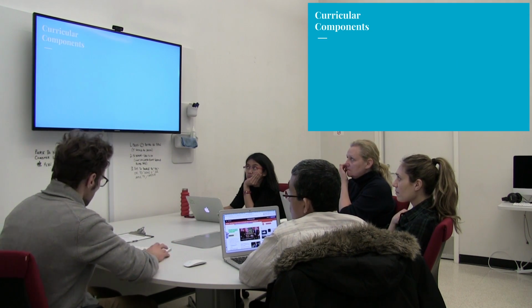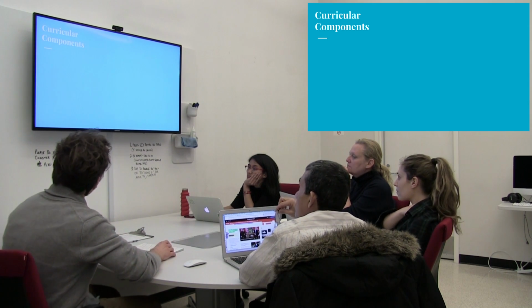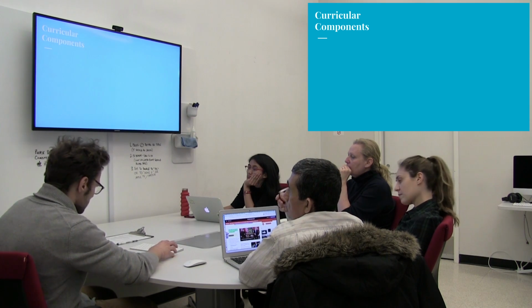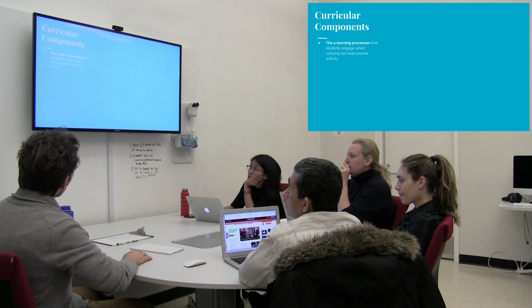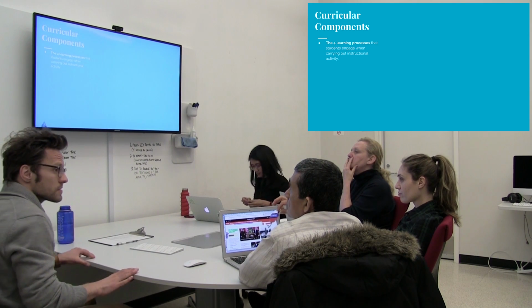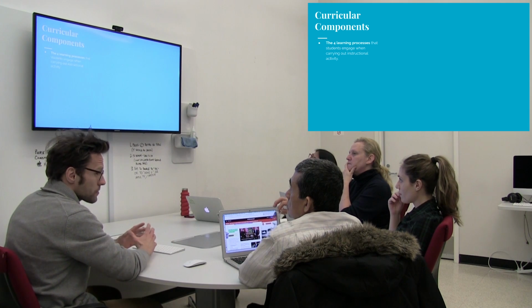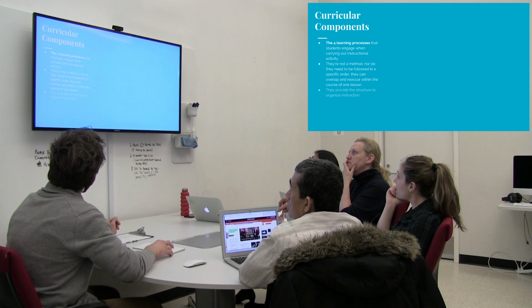Well, first of all, they are an integral part of the multiliteracies framework. It is knowledge that our students bring into the class. It is knowledge that we're trying to impart on our students. And it is also something that the four learning processes highlighted in the multiliteracies framework are focusing on.